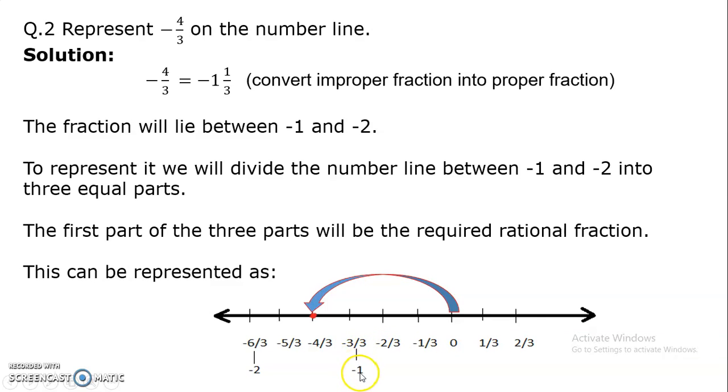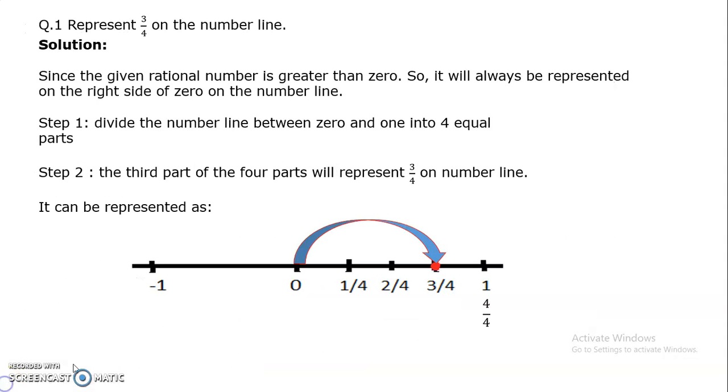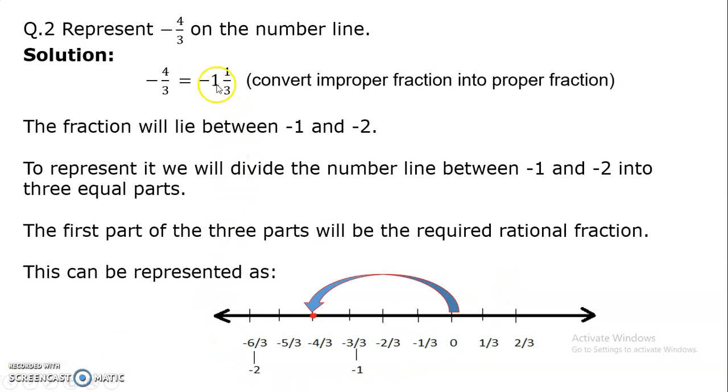And we have not stopped at minus 1, like we did in the last slide where we stopped at 1. But in this one, what we want is the number that lies between minus 1 and minus 2 only. So we are not stopping at minus 1, and we are dividing further the unit from minus 1 to minus 2 into 3 parts again, that is 4 by 3, 5 by 3 and 6 by 3.